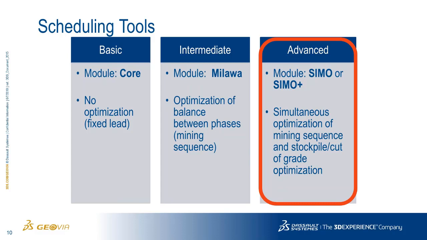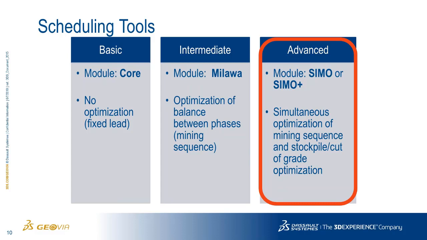What I mean by basic is we're going to be using the fixed lead algorithm. Most people are probably pretty familiar with it, but just in case you're not, it's a rigid, arbitrary, but operationally sound and simple scheduling approach. Fixed lead represents a certain lag between one phase and the next.